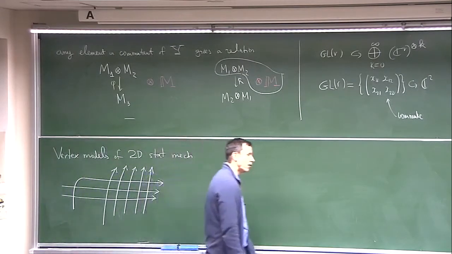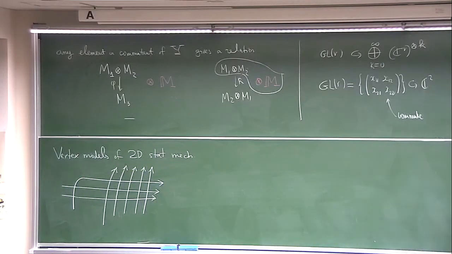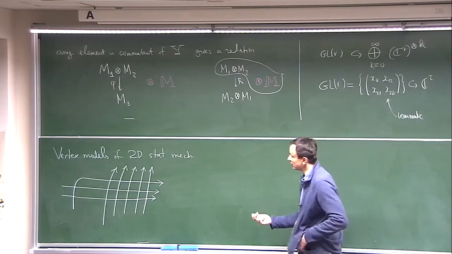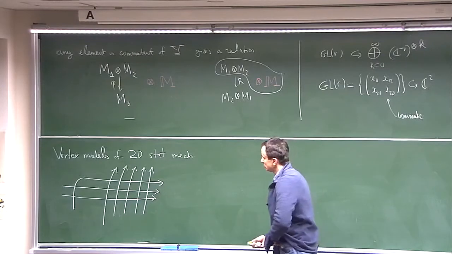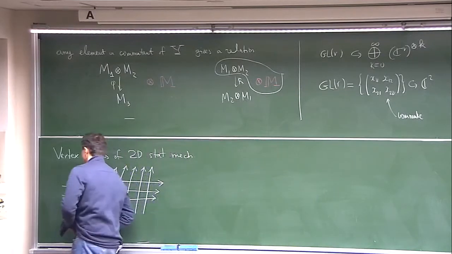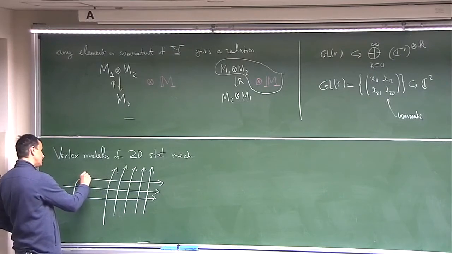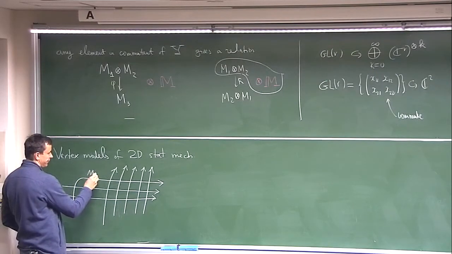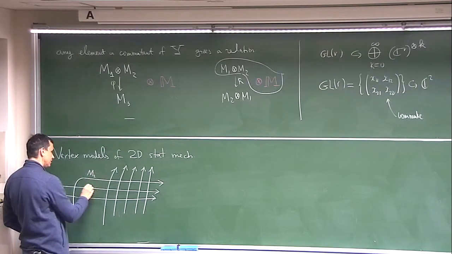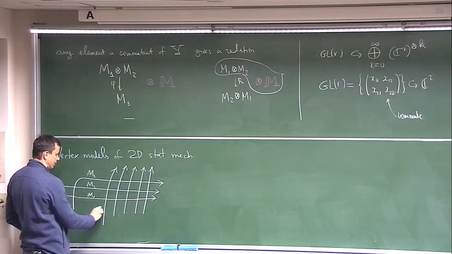Now, on the edges of this graph, we put some degrees of freedom that take values in some representation. To every line corresponds a representation; you can call them M1, M2, M3, M4.